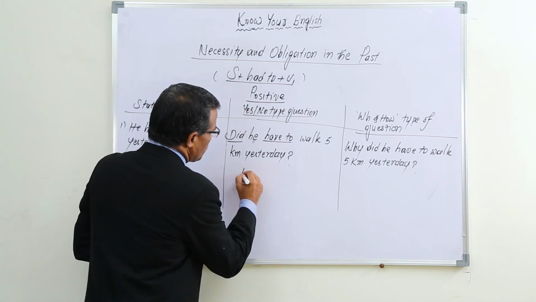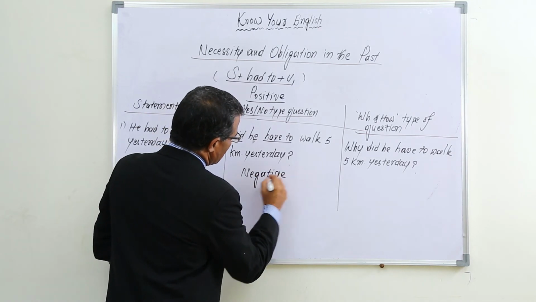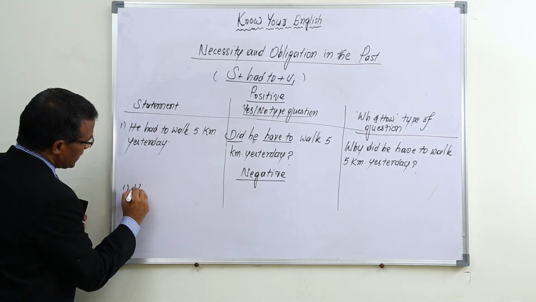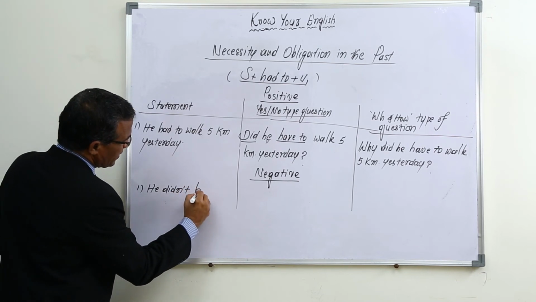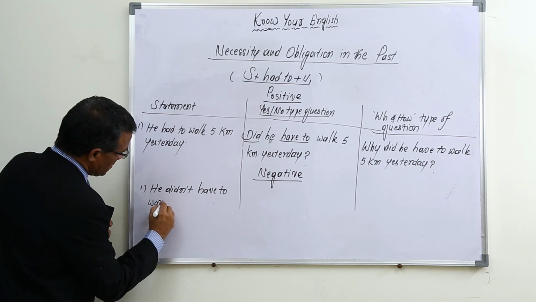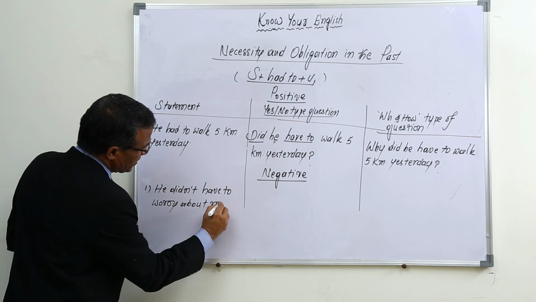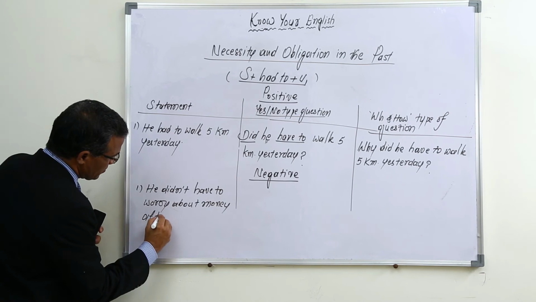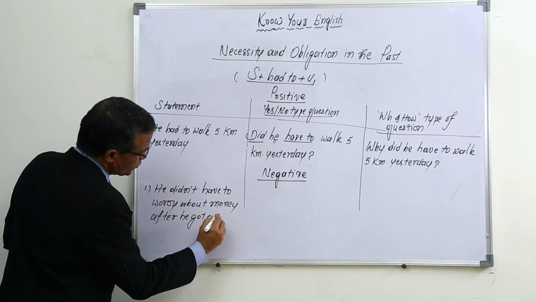And negatively also, if we take one example, you can easily understand. Negative. Number 1, he didn't have to worry about money after he got a job.